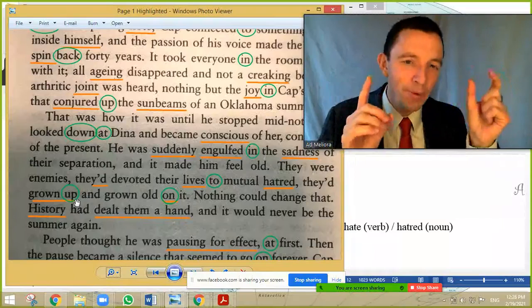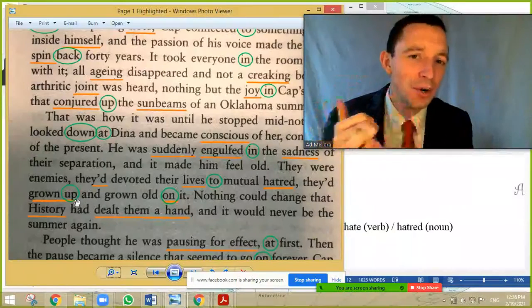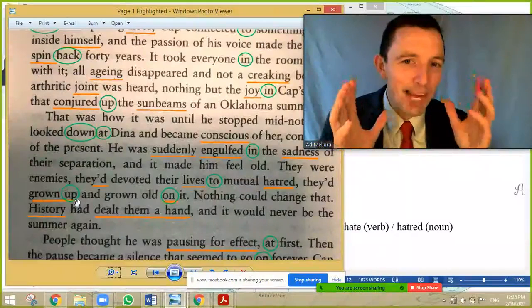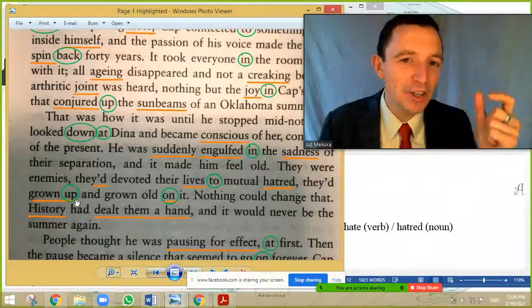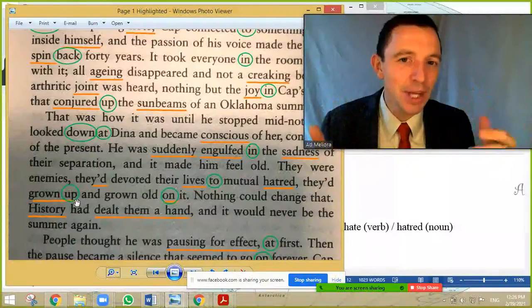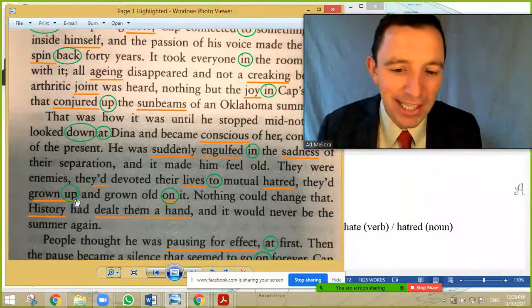So with up, it's very associated with children. Grow is general. Grow in the company, grow the business, grow in the garden. But grow up has a big association with the child and to mature. So it's an insult. If you say to the person, grow up, it's an insult because you think the person should mature.